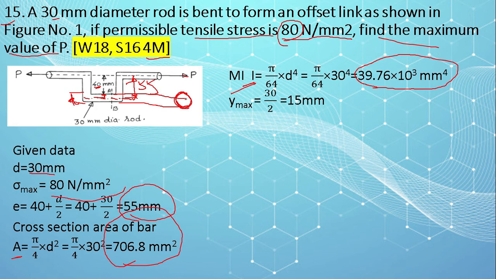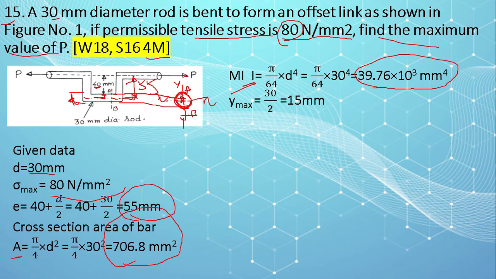This is a cross section, and suppose this is the axis yy, and this is the axis xx, and this is the A point, this is the B point. So A and B are the extreme layer fibers from the neutral axis.